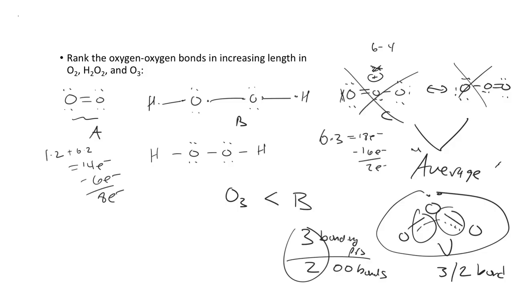And so O3 would be in the middle for C, and then O2, molecule A, would be the shortest because it's a double bond. So double bonds are shorter than single. If we had a triple, a triple bond would be even shorter. So triple bonds are the shortest, then 1.5 bonds, then single bonds. And that's exactly what you get. If you look up their bond lengths, they go with that trend.